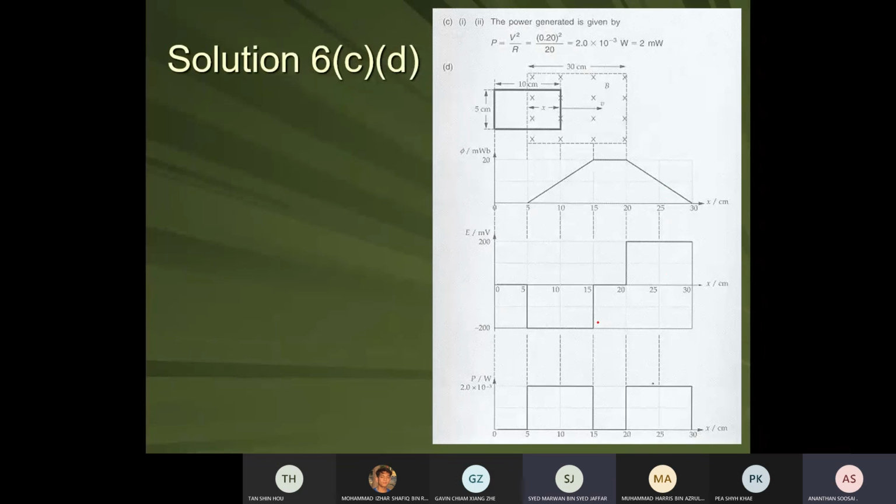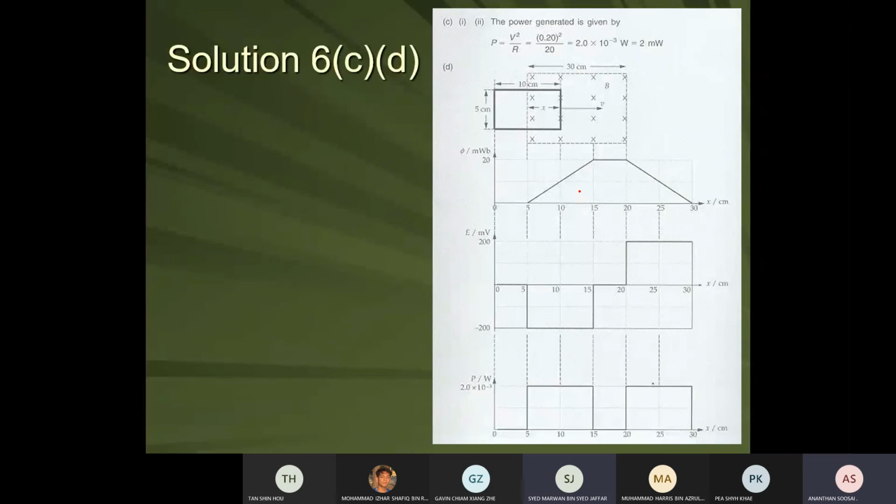So this is the graph, flux versus distance. The first 5, flux is 0 because the coil hasn't overlapped with the magnetic field yet. Then the coil slowly gets into the magnetic field region, so flux rises linearly because the speed is constant. Then here the flux becomes constant, then drops.